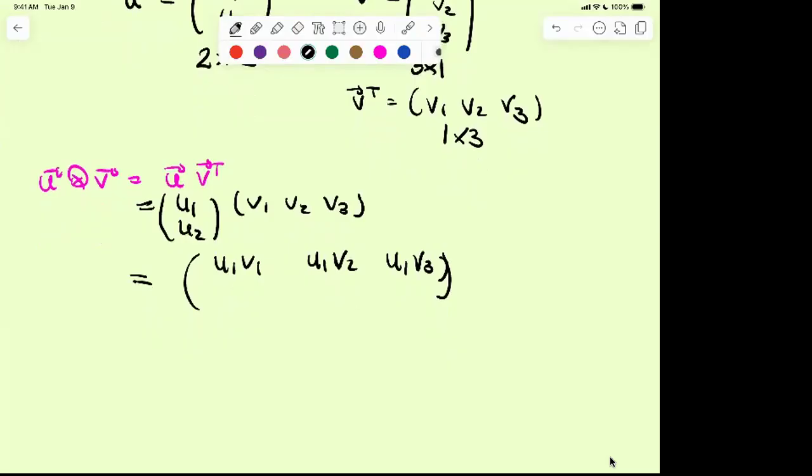Sorry, this should have been v1. And in this case, this would be a 2 by 3 matrix.